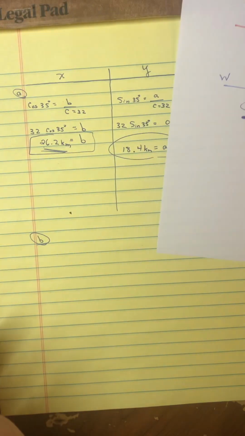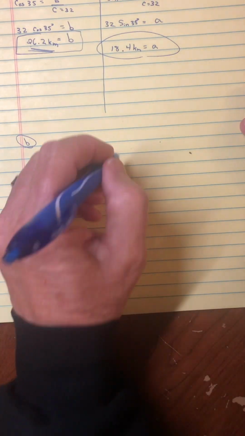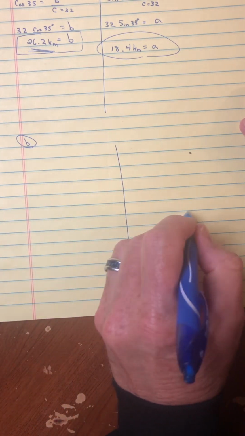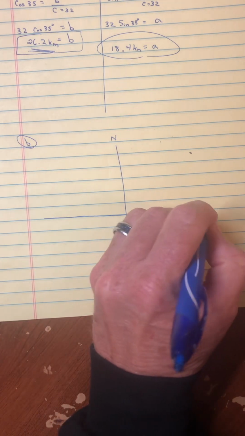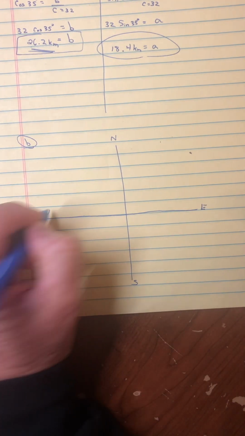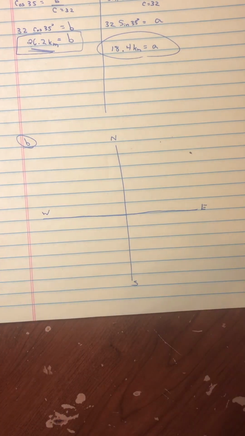Okay, well, let me draw the picture here. Guess I kind of used up that page. Let me, right here on B, do another compass rose here. Okay, never eat soggy waffles. Okay, so I've got my grid.